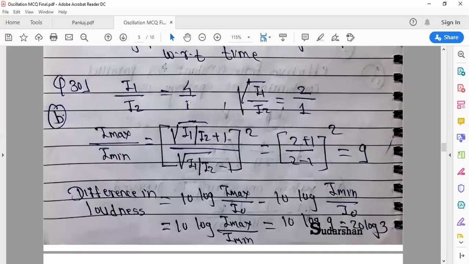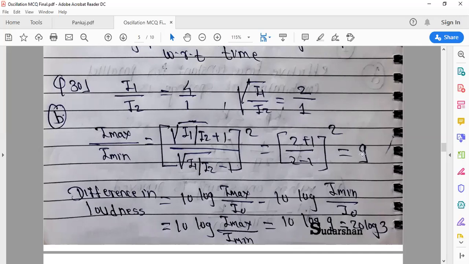Then calculate the difference in loudness between maximum and minimum intensity when they interfere. So maximum and minimum intensity difference. So we can calculate the ratio of maximum to minimum intensity. Put the value of I1 and I2 in this equation. It is equal to 2:1.